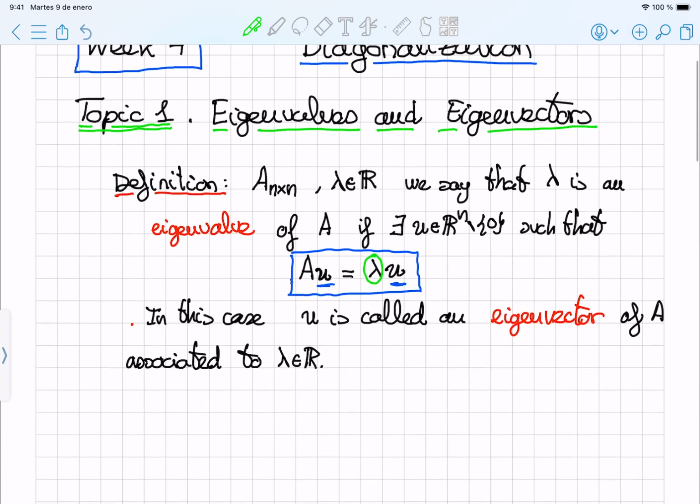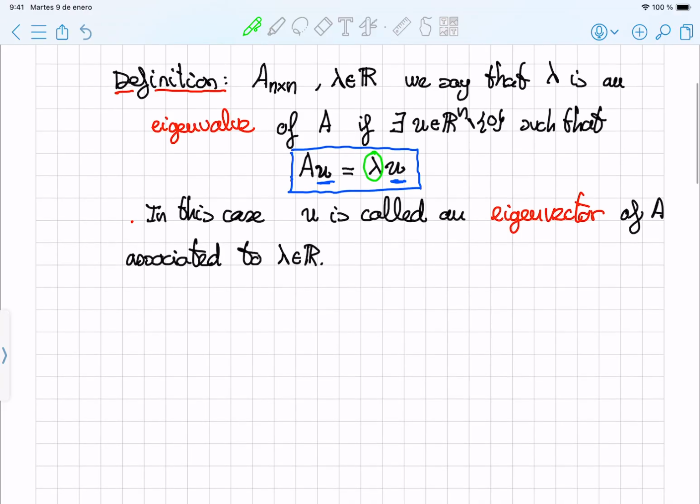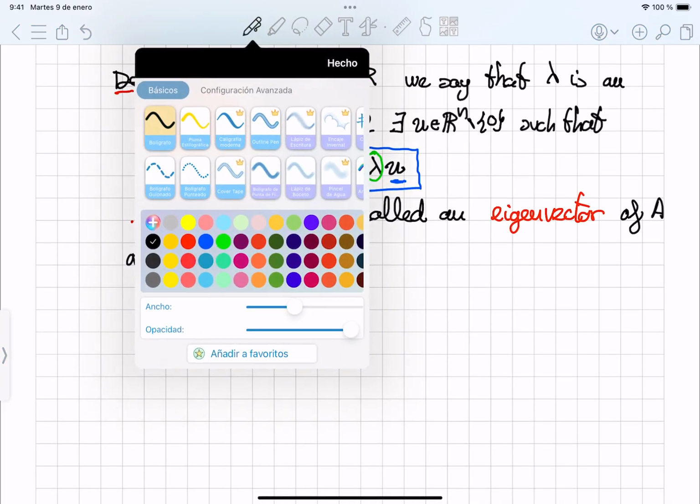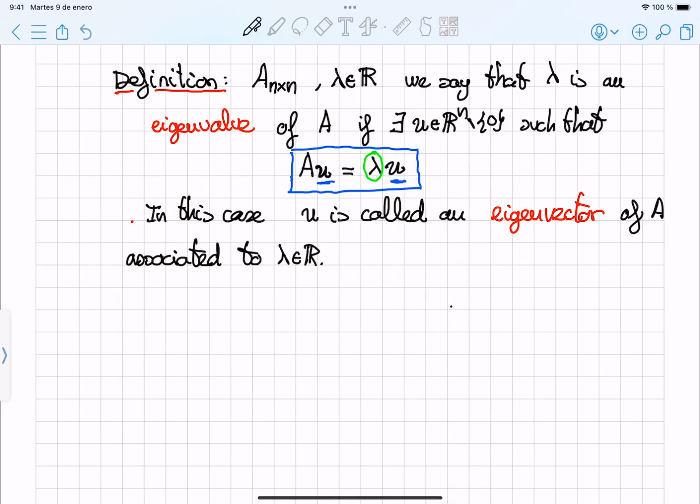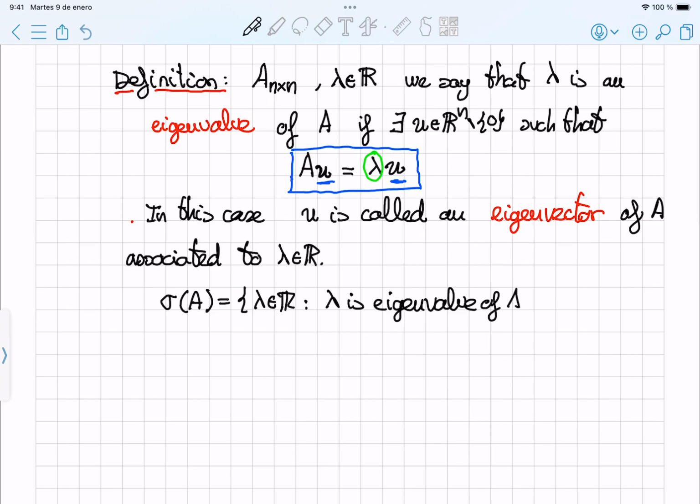Okay, so once we know this definition, we need some more information. So the first thing we know is that we can construct the following. First, sigma of A is going to be the set of the lambdas in R, such that lambda is an eigenvalue of A. So this is just, let us pick all the eigenvalues of the matrix A and put all of them inside a bag.